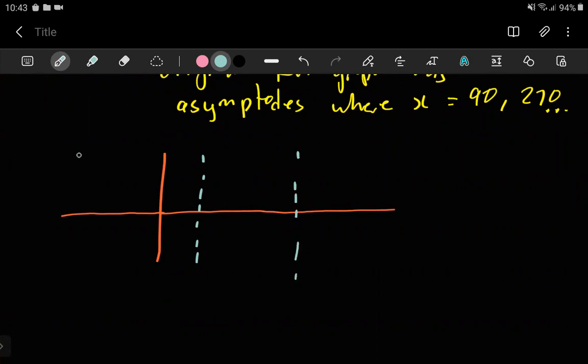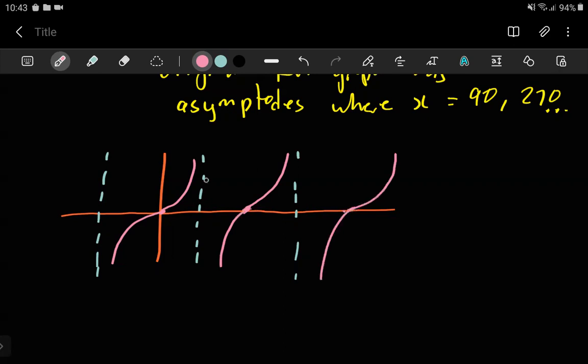After every 180 degrees, you'll see a complete tan graph. This is half a tan graph, and then something like this on the other side is a full graph. And then here, obviously, you have half a tan graph.